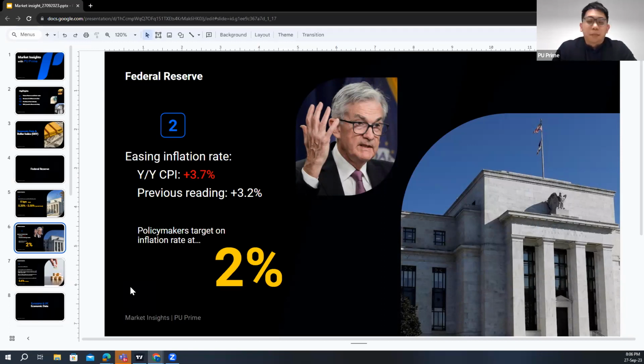Currently the CPI stands at 3.7%, which is still a distance away from 2%. So we're sure that the Federal Reserve might do something, given that they have a relatively healthy economy compared to other major economies, namely the UK, the Eurozone, and of course China.